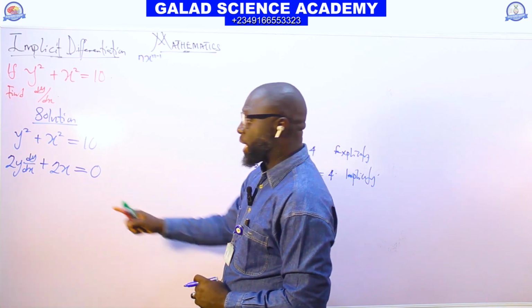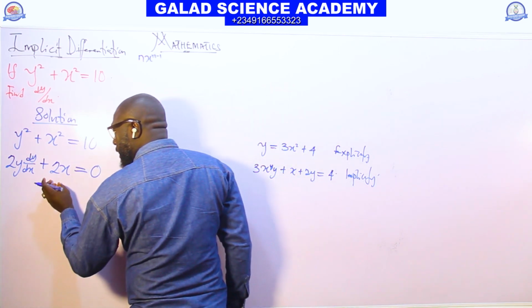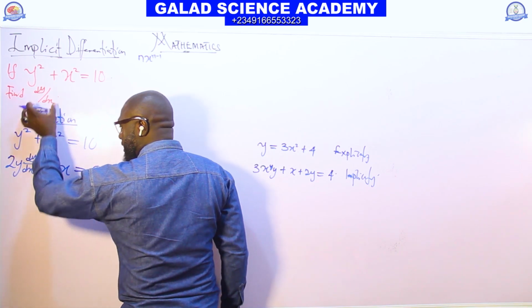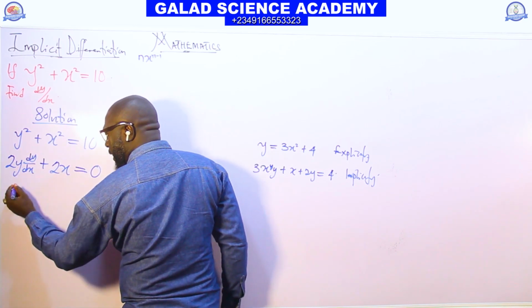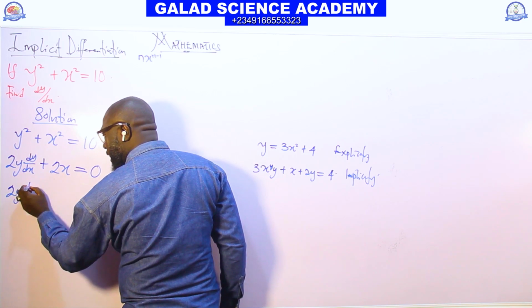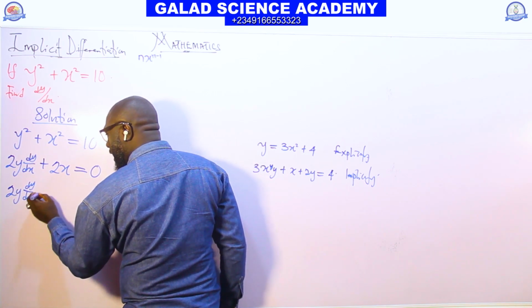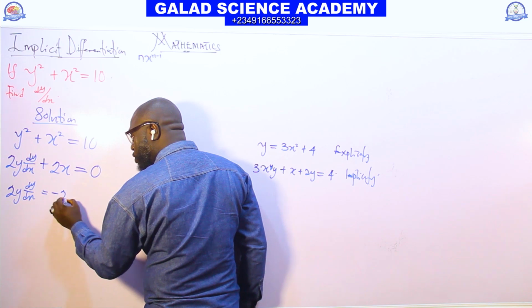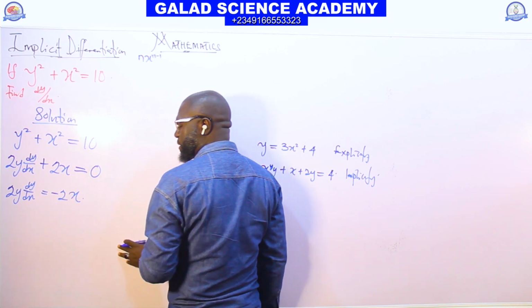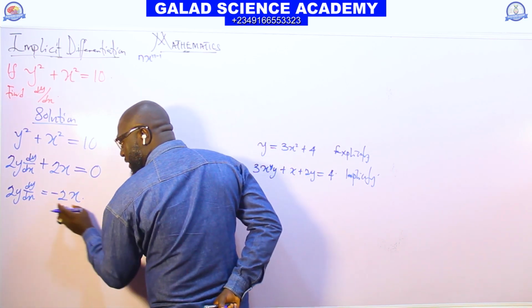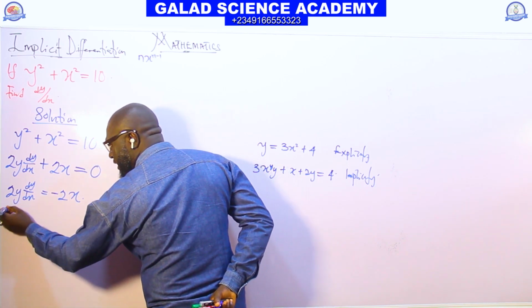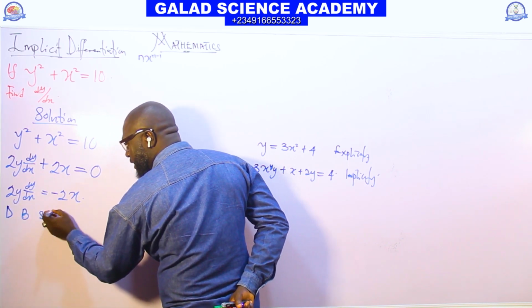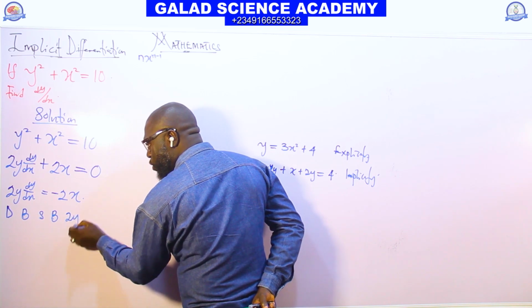The next step we do now is we are looking for dy/dx. This is already the formula. You now have 2y dy/dx equals minus 2x. From this expression, divide both sides by 2y.